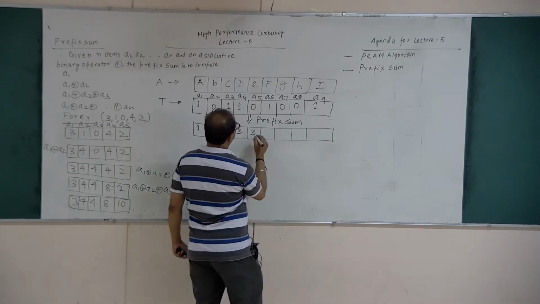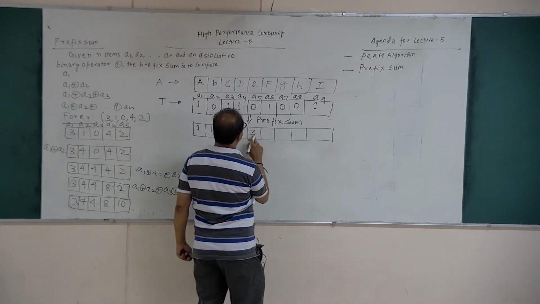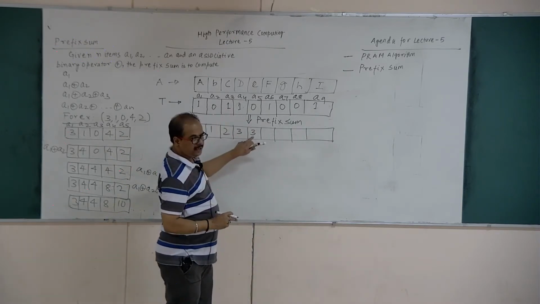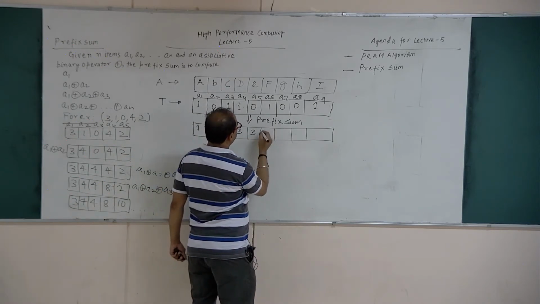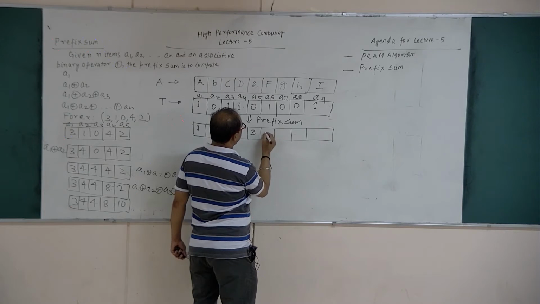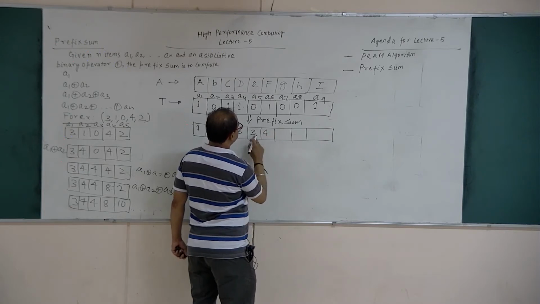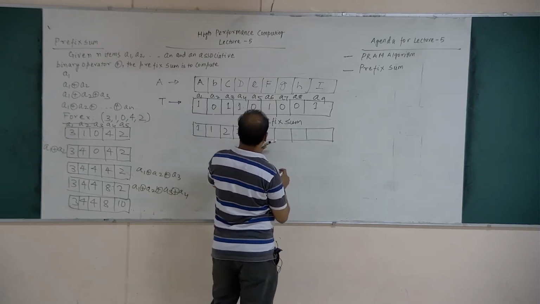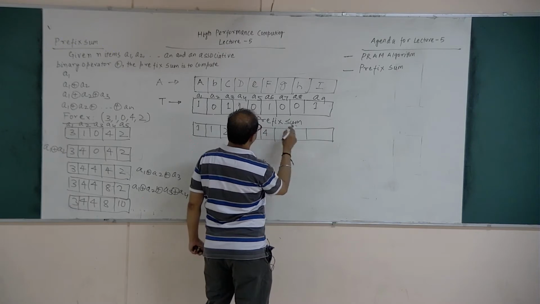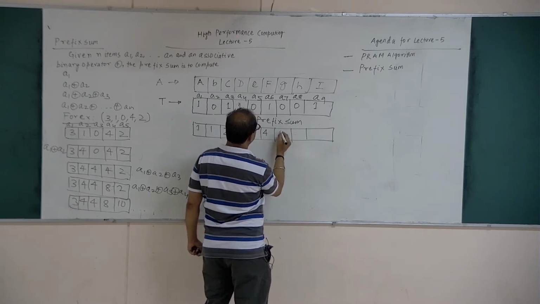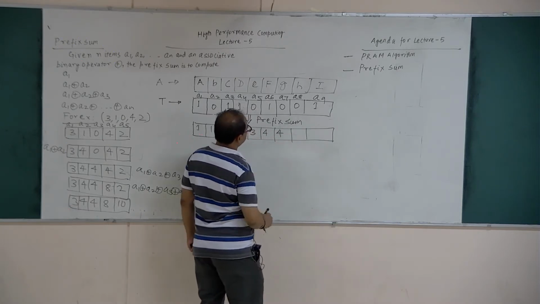Next, moving on, the sum of A1 to A5 is at A5. So here we add A5 with A6, and it will be 4. Similarly, the sum of A1 to A6 is at A6. So now we add A6 with A7, so that is 4 plus 0, which is 4.